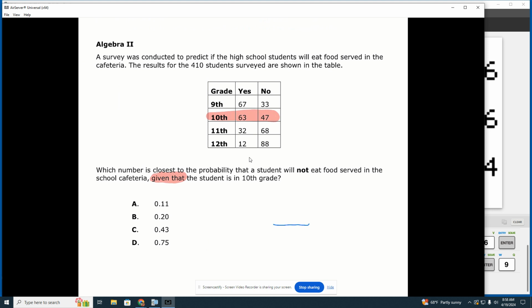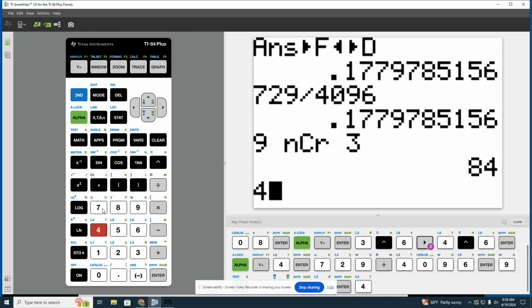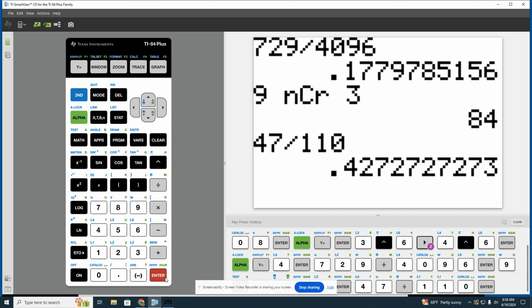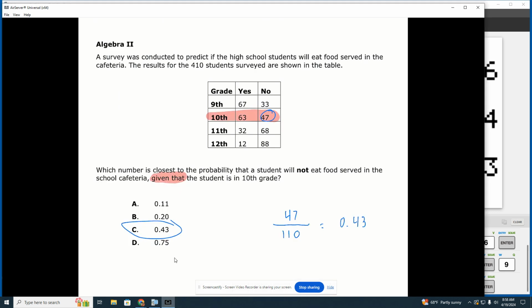Well, 63 plus 47 is 110. So I'm zeroing in on these. I'm not even looking at anything else. Now, out of those, it was given that they were in 10th grade. Out of those, how many will not eat food? 47 of them. So it's 47 divided by 110. And 47 divided by 110 is 0.43. C. 0.43 or C.